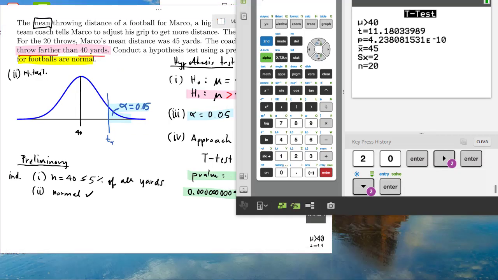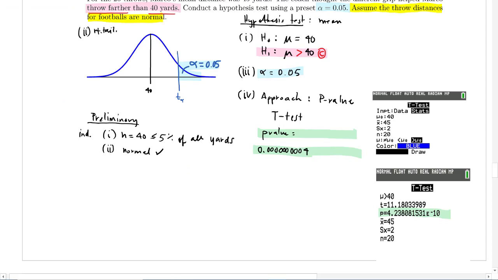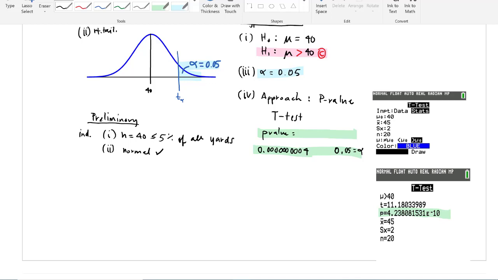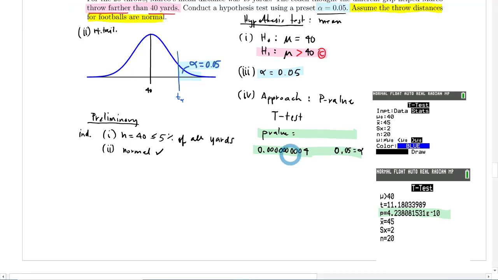And then we compare it to the alpha, which is 0.05. So in this case, will the p-value be larger or smaller? Just look at it in the critical region. If alpha is 0.05, and this is a lot smaller than that, obviously it would be less than.